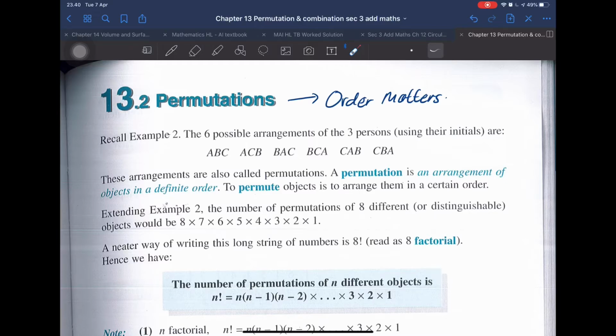Let's try if it's 3 persons. So it means 3 times 2 times 1 becomes 6. Wow, it works. It's the same answer as that. So depending on the number. Now, how come the formula is basically the number of people and then multiply by 1 less than the number from before? How is it supposed to be like that?